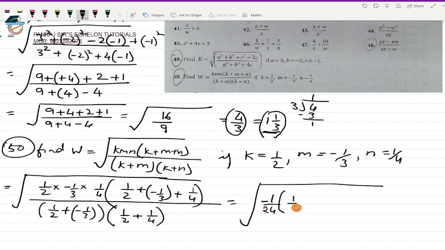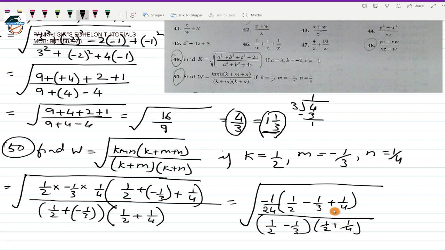So it will be 1 upon 2 minus 1 upon 3 plus 1 upon 4. Okay, that is done. That will be divided by, now coming here, this will be 1 upon 2 plus into minus is minus, so minus 1 upon 3, that is in the first bracket. Second bracket is 1 upon 2 plus 1 upon 4, right?